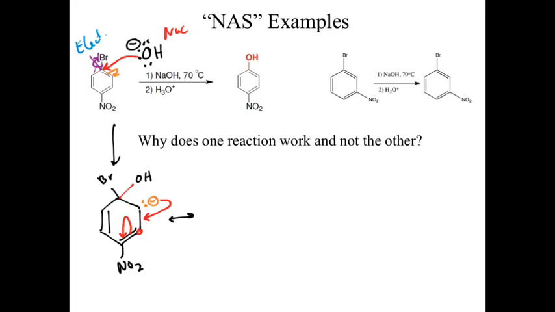The result of our arrow pushing, and here, there's our bromine, there's our OH. We now have a new pi bond and we have a lone pair sitting on that oxygen.